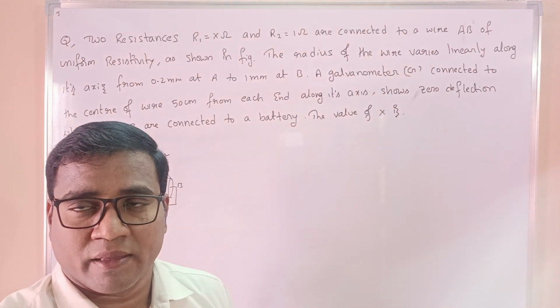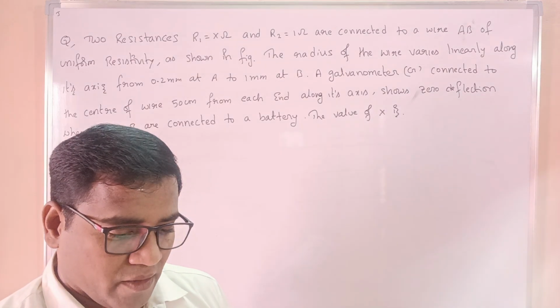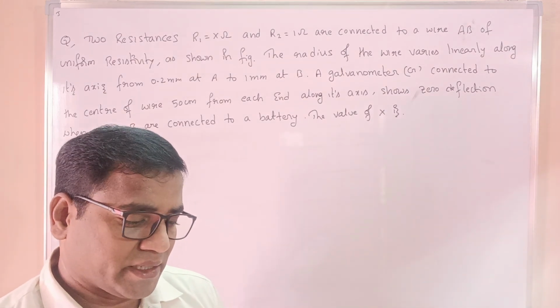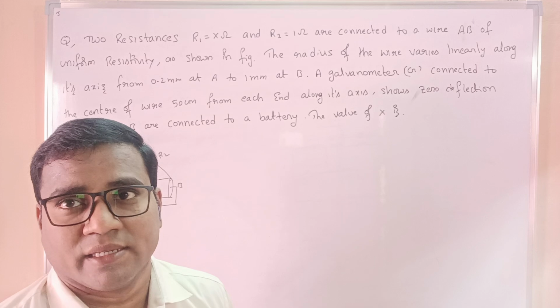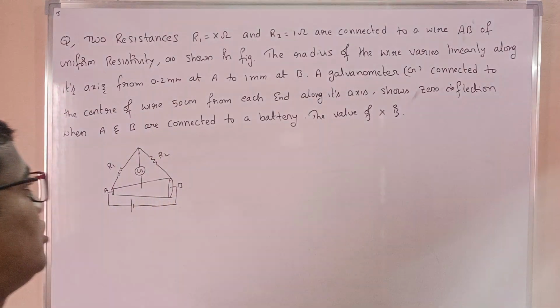That means the bridge is balanced. When A and B are connected to a battery, what is the value of X?